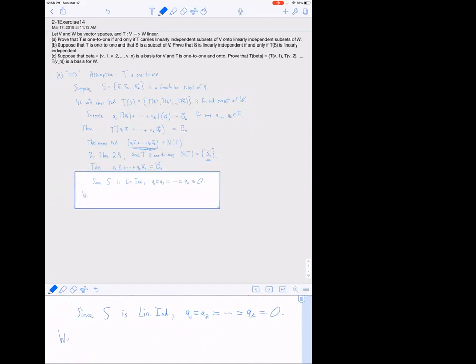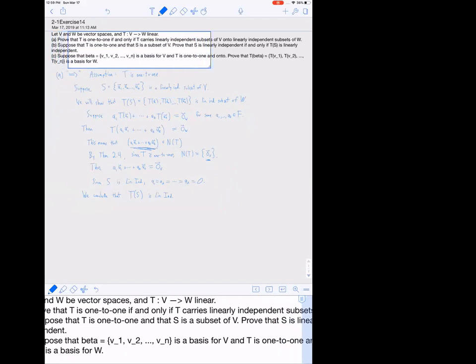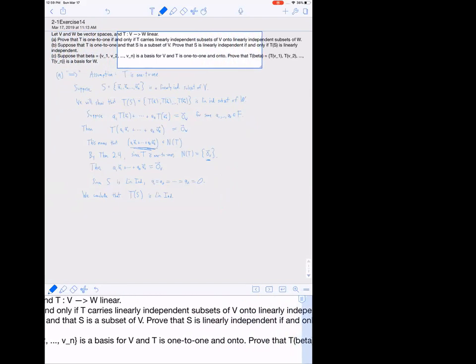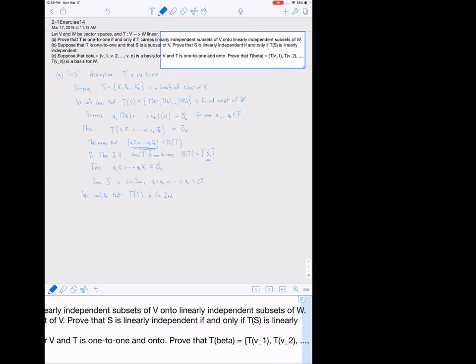So we can conclude that T of S is linearly independent, which proves our first implication that if T is 1 to 1, then if we start with any linearly independent subset of V, T carries it to a linearly independent subset of W.